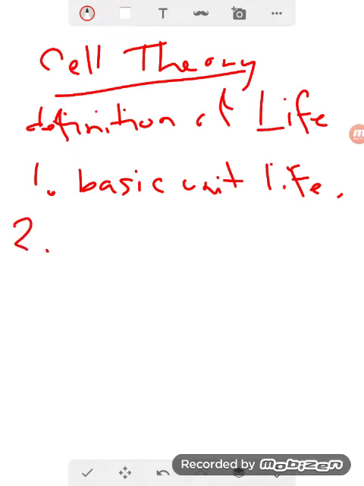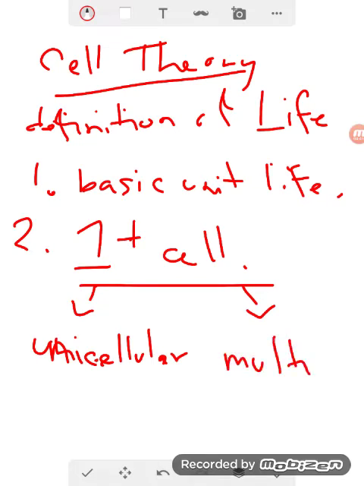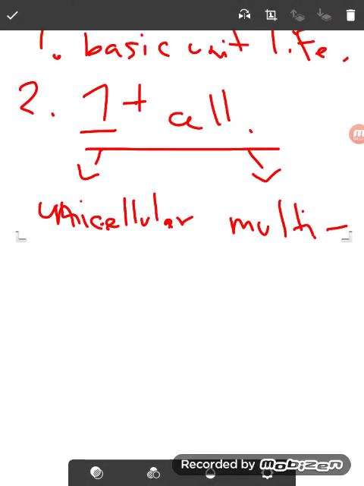Then, the next part of your cell theory is that all cells are made of one or more. So when we talk about one or more cells, we're really talking about a couple of different things. If I'm only made of one cell, that means I am, that's an N by the way, unicellular, versus if I'm made of more than one, that means I'm multicellular.